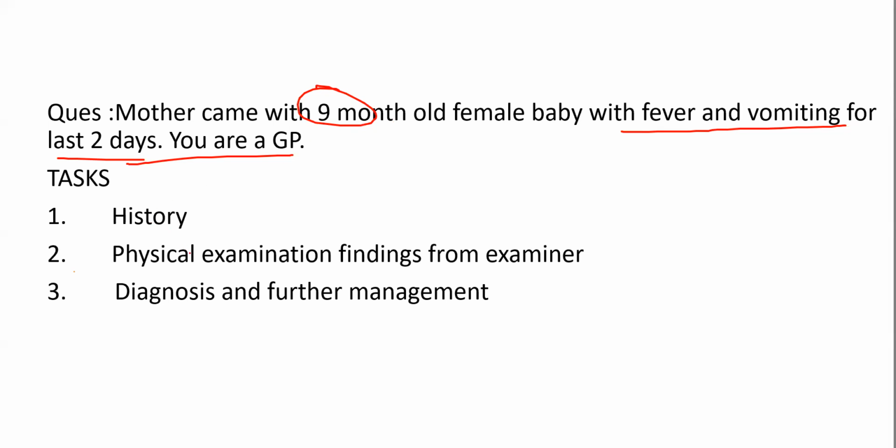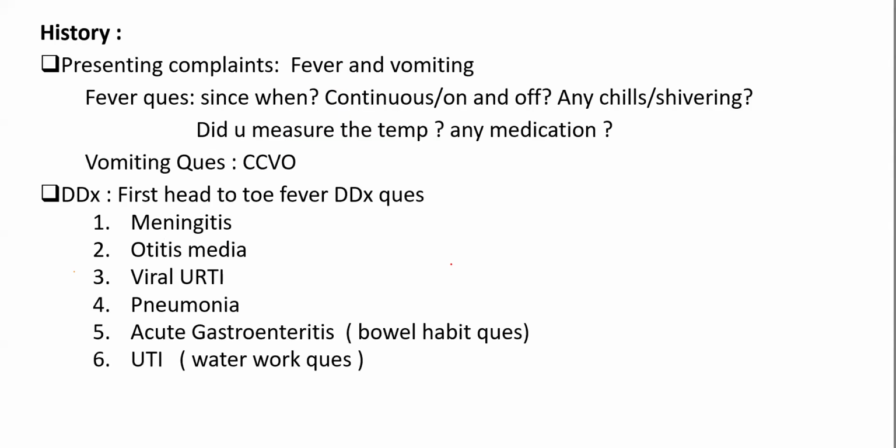So you'll take a history, physical examination. Now, this is physical examination for face-to-face, but in case of online exam, as I said, there are two forms of physical examination. So either a physical examination card will be given, or they might ask you to explain what examinations you are going to do with the examiner or with the patient.